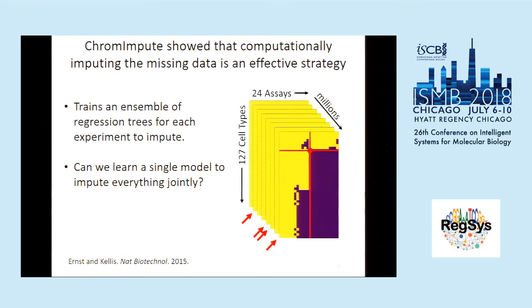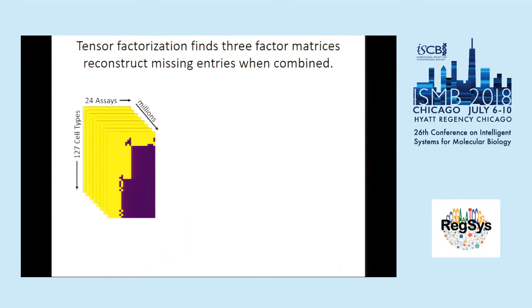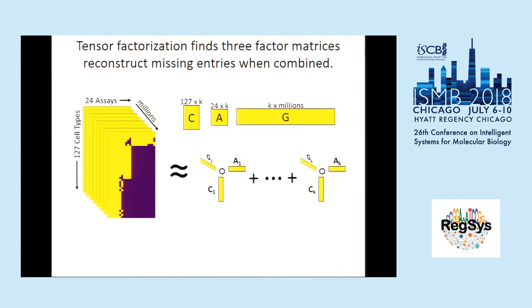And the technique that we chose was tensor factorization. For those familiar with matrix factorization, this is a kind of a generalization of that approach to a third dimension. And in this approach, we try to factorize or decompose this tensor into 3 low-rank matrix factors that share this dimension k.